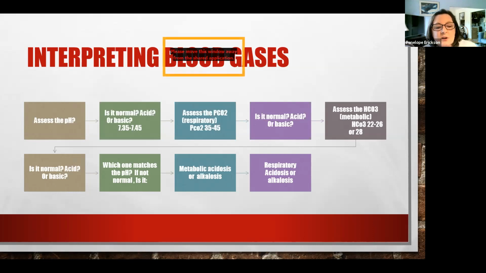So then we're going to look at what's going on with the CO2 and the bicarb, which one matches the pH. If it's normal, it's normal. If it's not, is it metabolic acidosis or alkalosis, or is it respiratory acidosis or alkalosis? So there's only those 4. The good part of it is there's only 4 acid-base abnormalities.